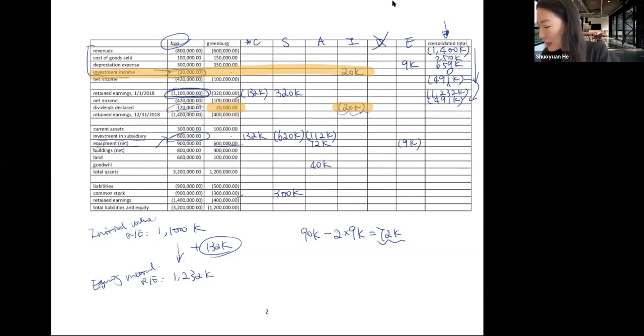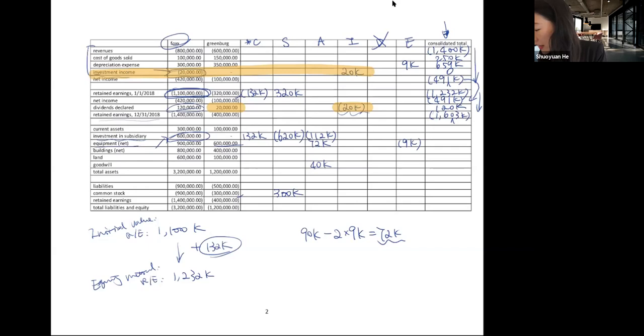So for the outside stockholders, the actual dividend is only 120,000. And then the retained earning ending balance, you add up everything vertically. So that will give us 1.603 million.